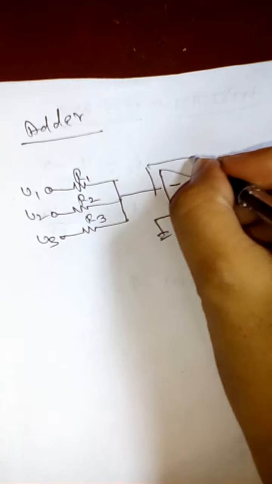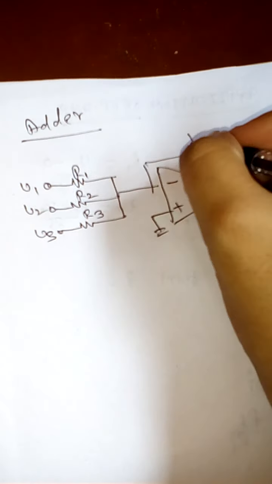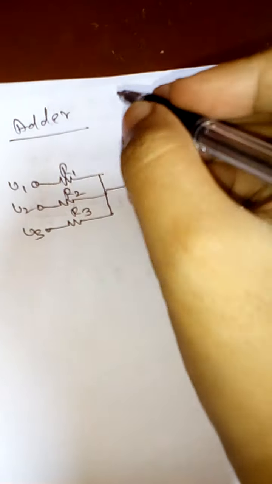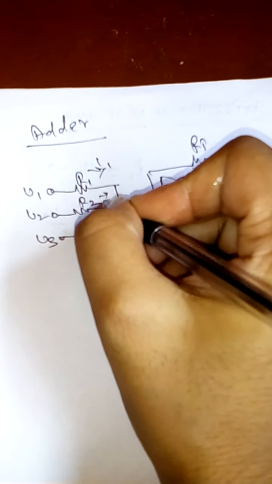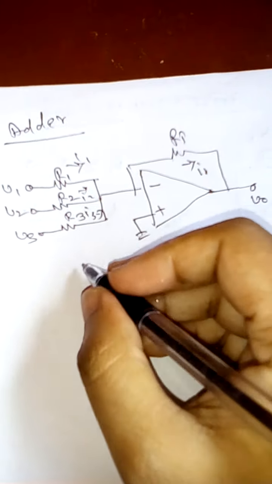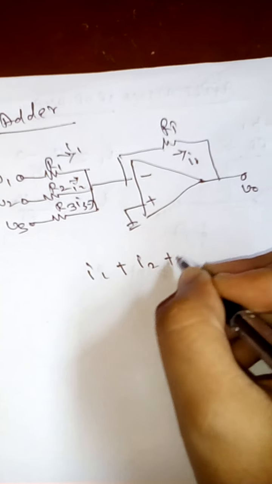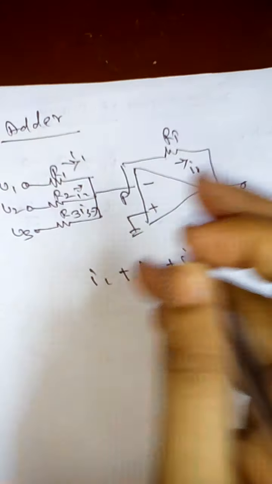The non-inverting terminal is grounded. We apply Rf here. Suppose this is the I1 current, this is the I2 current, this is the I3 current. So current entering is equal to current leaving: I1 plus I2 plus I3 equals I at point P.